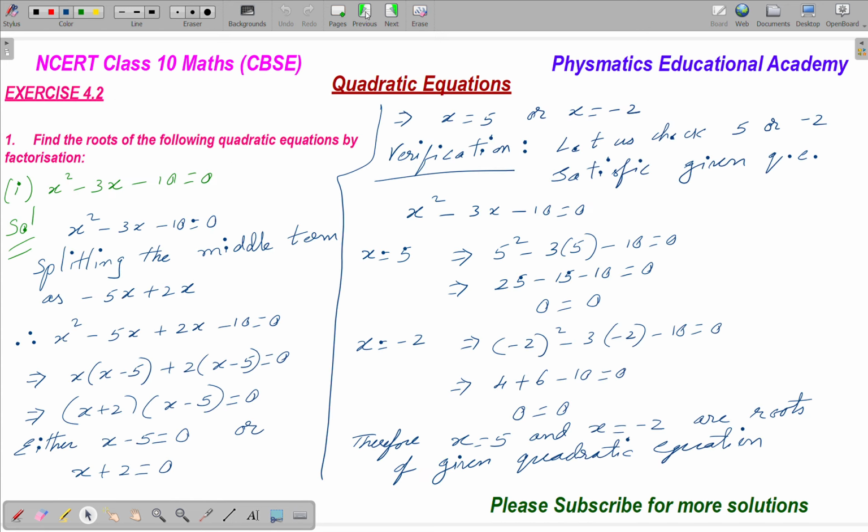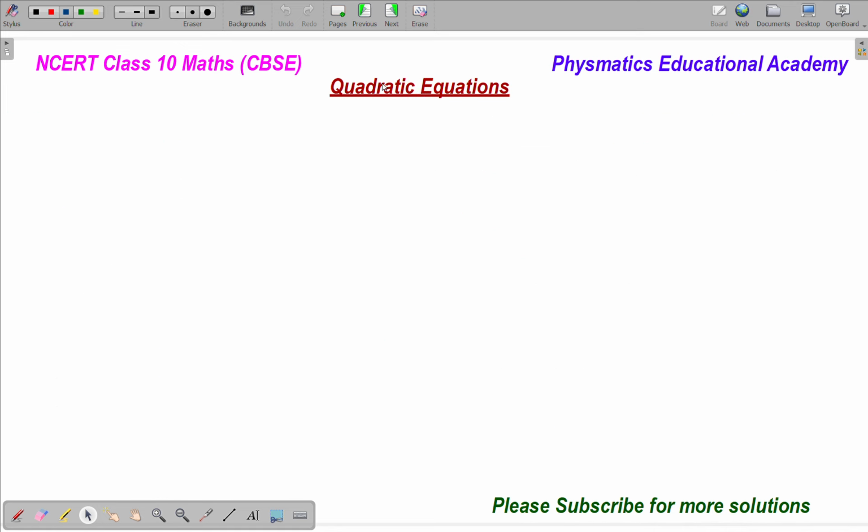Now question number 2. This is question number 1. Now coming to question number 2, that is 2x square plus x minus 6 is equal to 0.